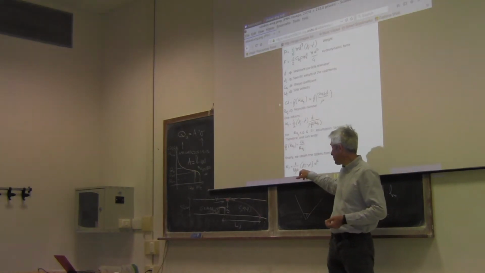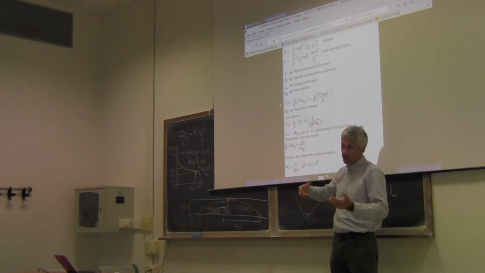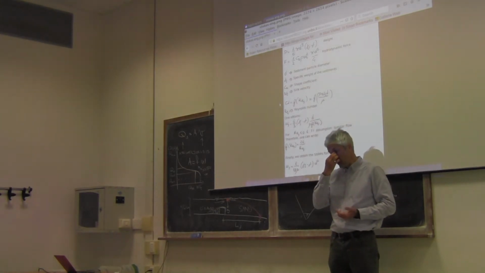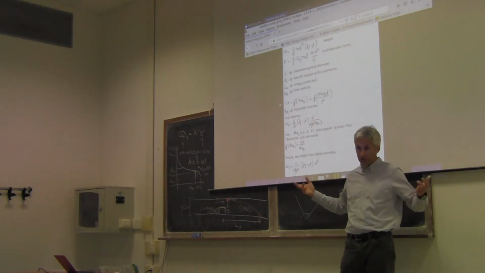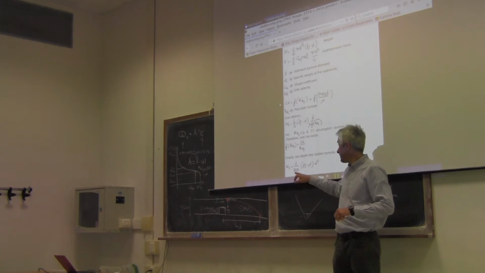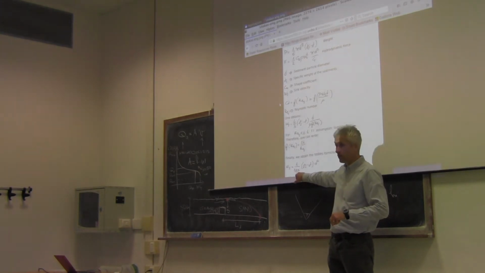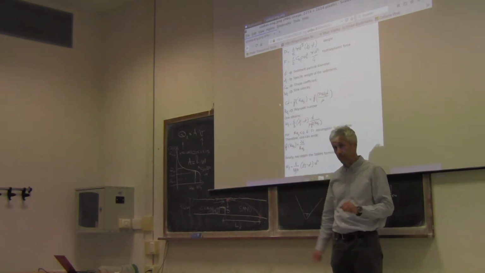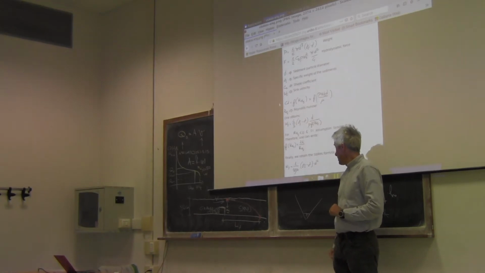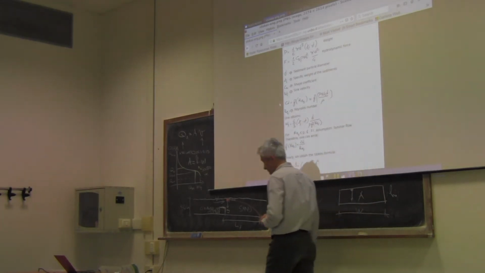It depends on the specific weight of the particle, which is normally fixed, about 2.6 kilograms per cubic meter. It depends on the specific weight of water, which is unfortunately fixed. And it depends also on the viscosity of the fluid, which is water, and therefore it's fixed.